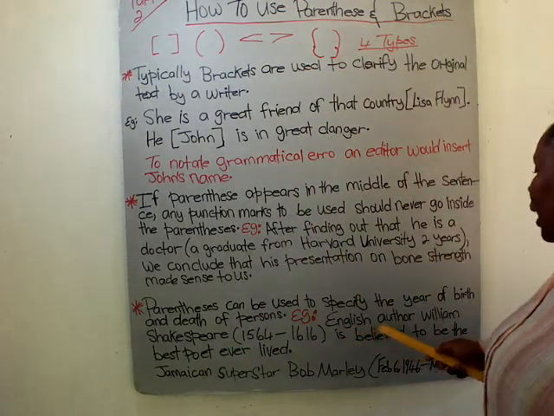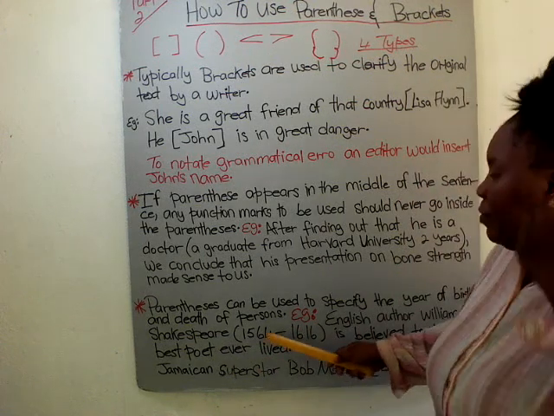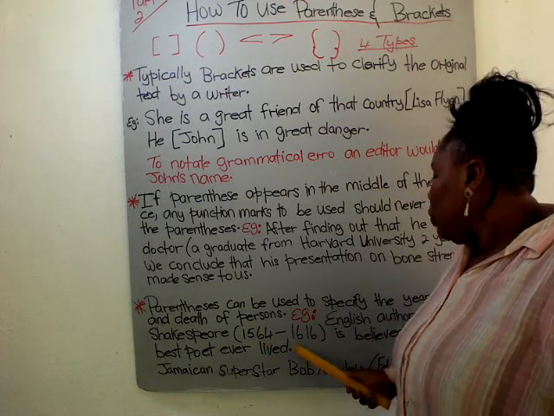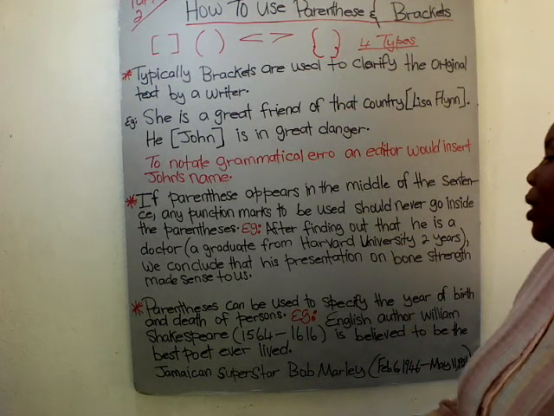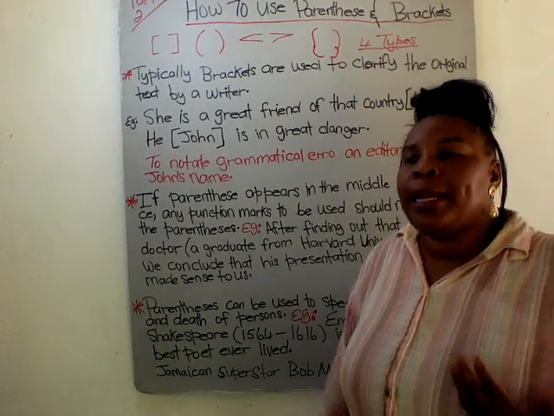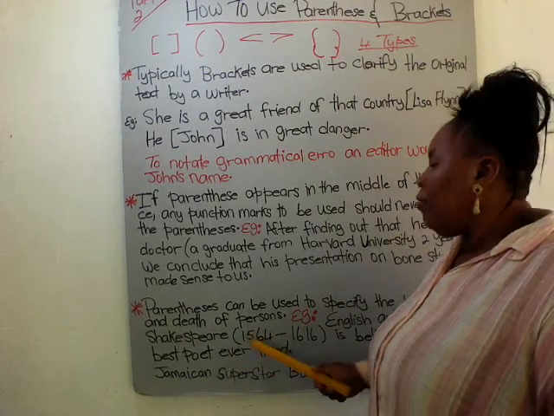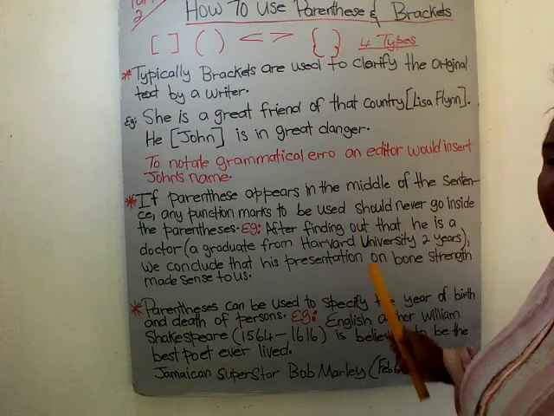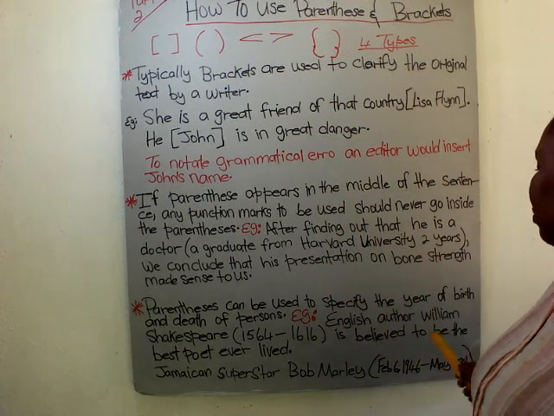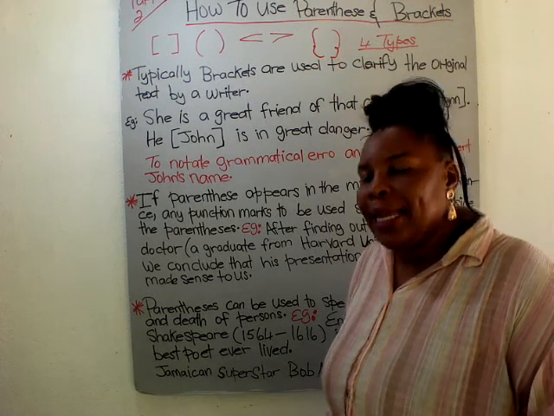Example, English author William Shakespeare, 1564 to 1616, is believed to be the best poet ever lived, right? William Shakespeare, 1564 to 1616, is placed in bracket. Is believed to be the best poet ever lived.